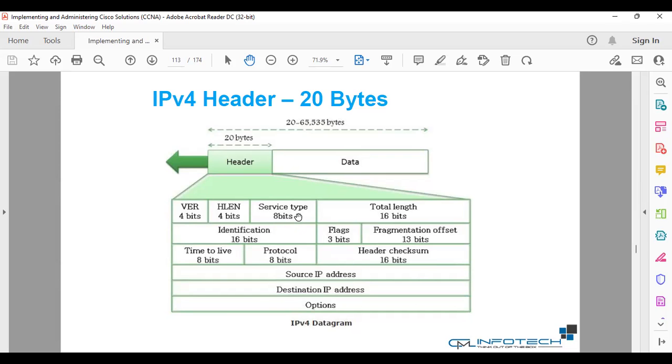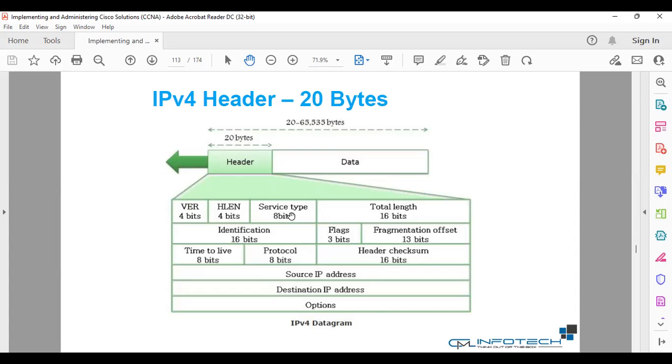Then we have service types, where we will be talking about QoS, quality of service. If you're sending 2 or 3 services together to the receiver, which one has to take first priority? For example, if I'm sending video, audio, and data, out of the 3, which one has to go first?